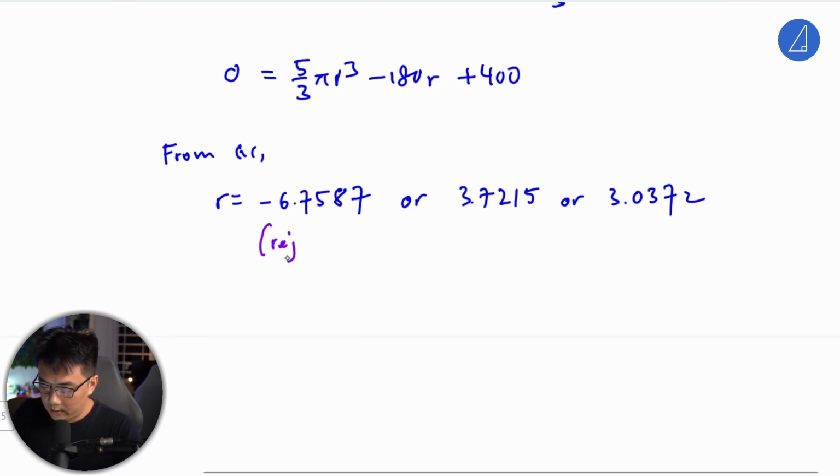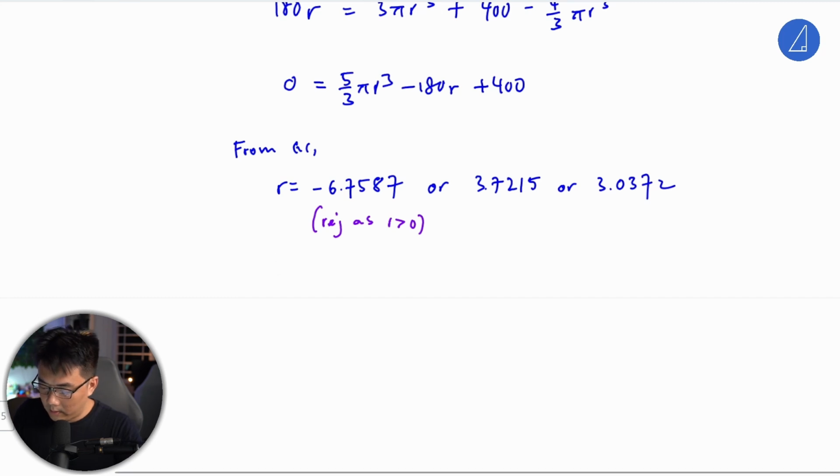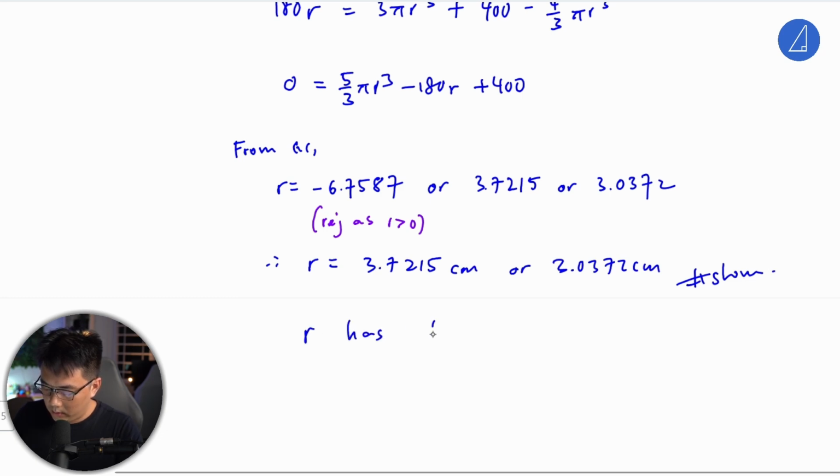This is rejected as r is bigger than 0. So hence r is equal to 3.7215 cm or 3.0372 cm. Shown. Okay, r has 2 possible values.